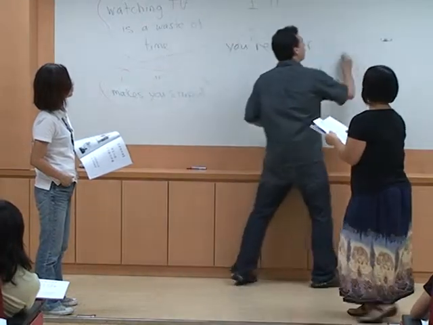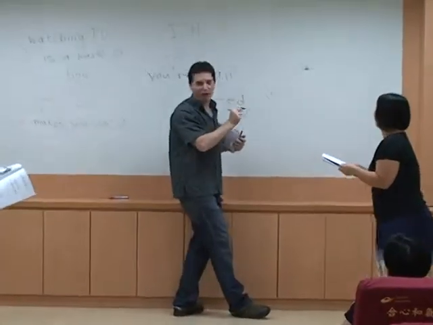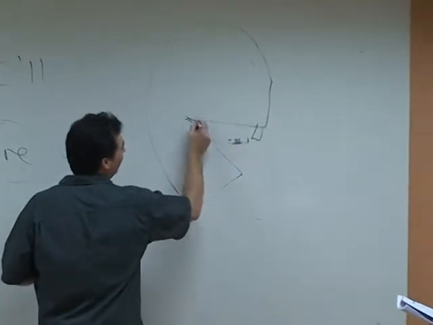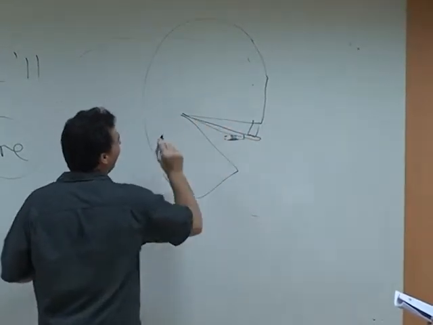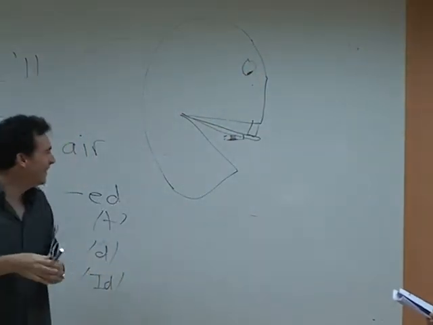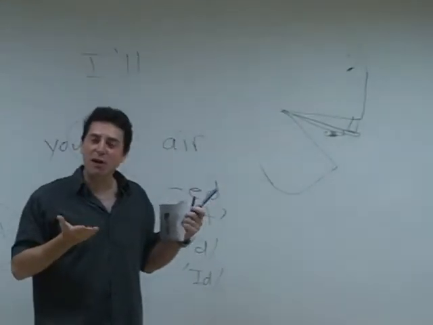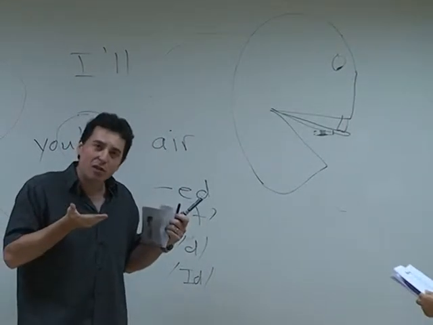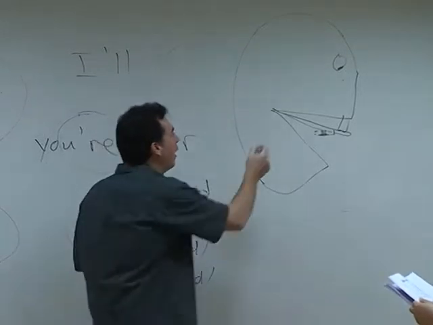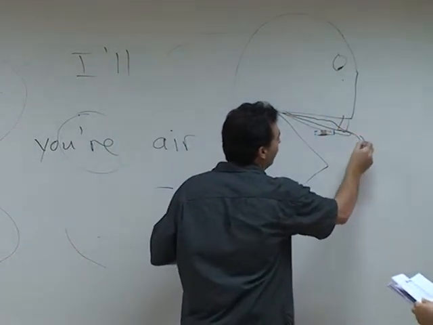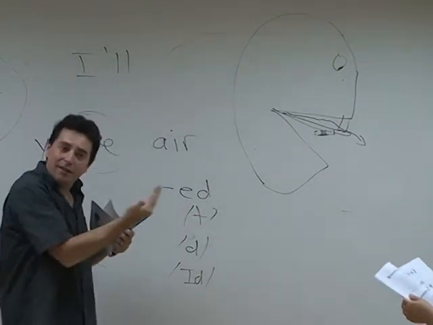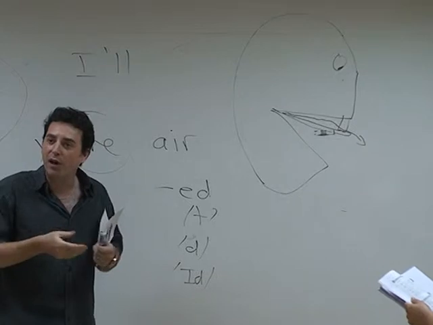Forgive my terrible drawing skills, I'm really a lousy artist. If you're actually producing the TH sound, you really should see the tongue touching the tip of the teeth, and the air also blowing through there, right? That's what you're getting. And then it's coming away when you're producing it.